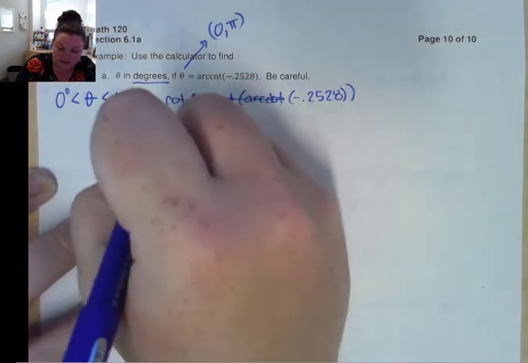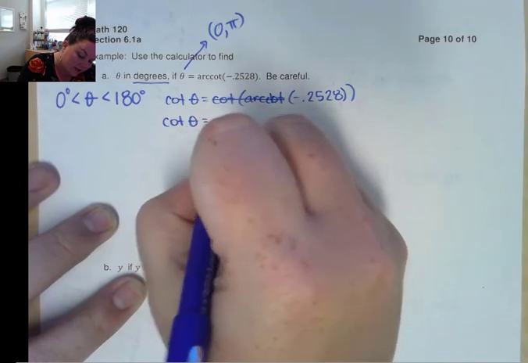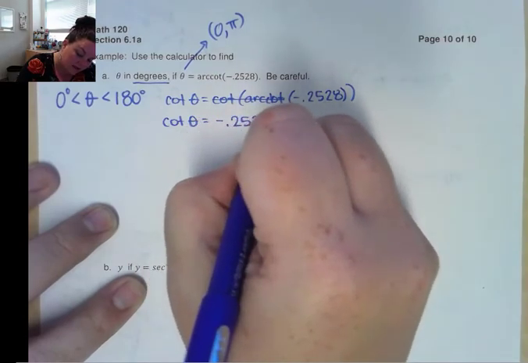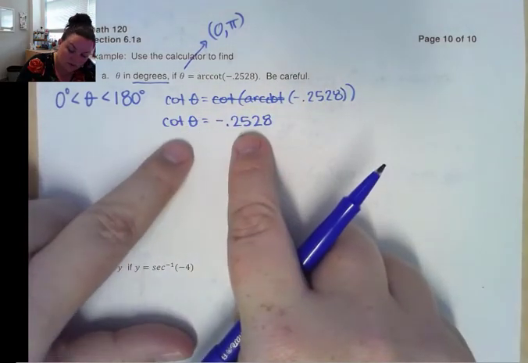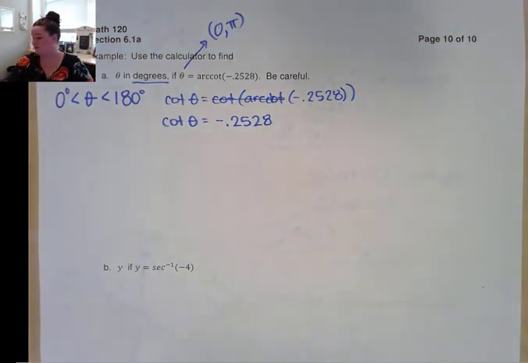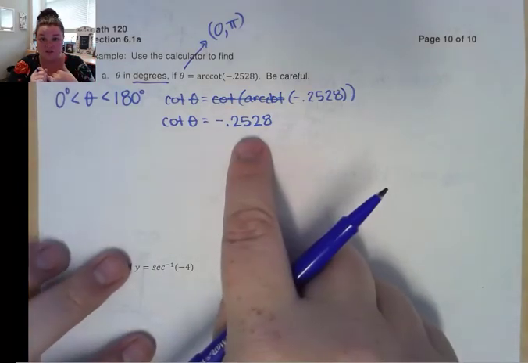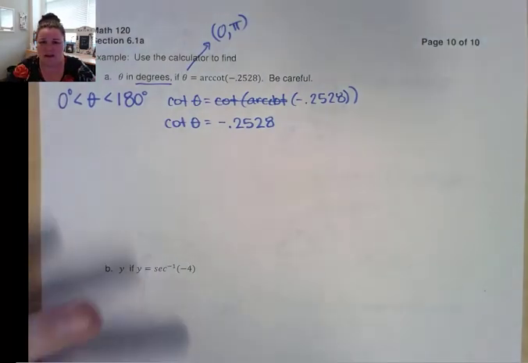So my cotangent and my arc cotangent cancel, which means I have a cotangent theta that's equal to negative 0.2528.